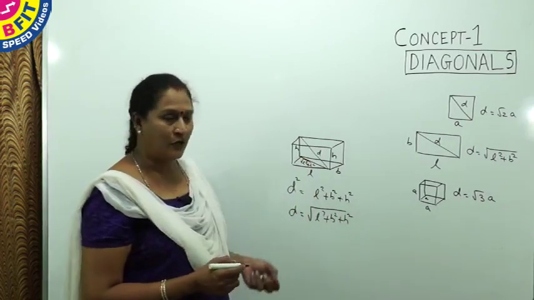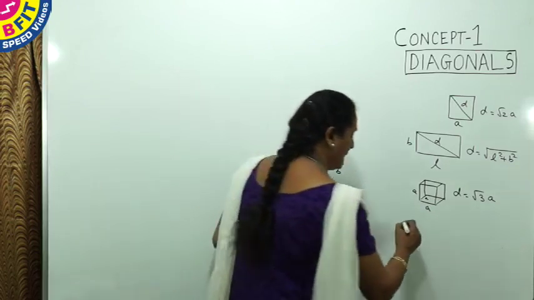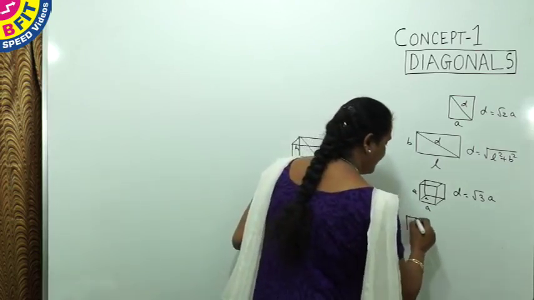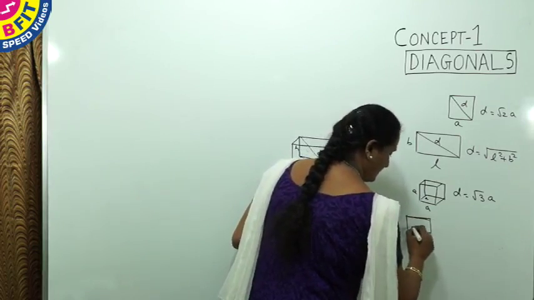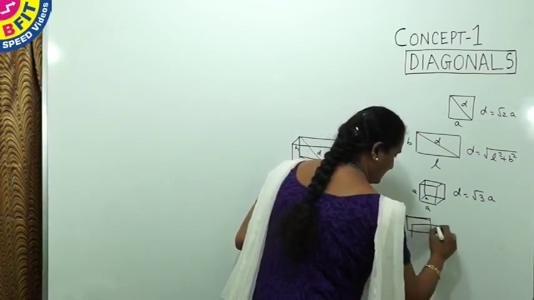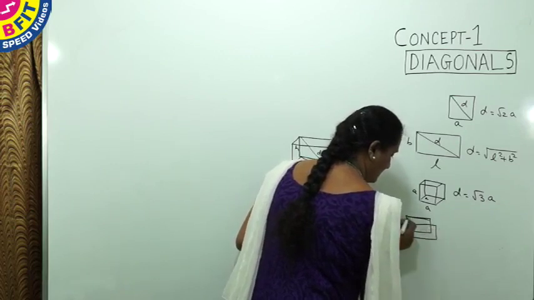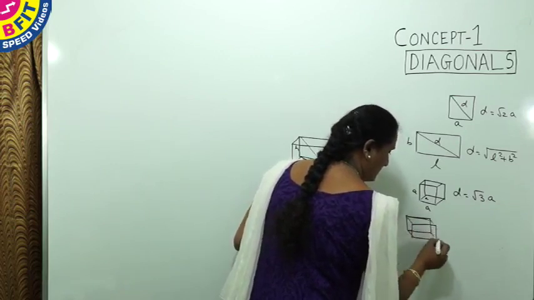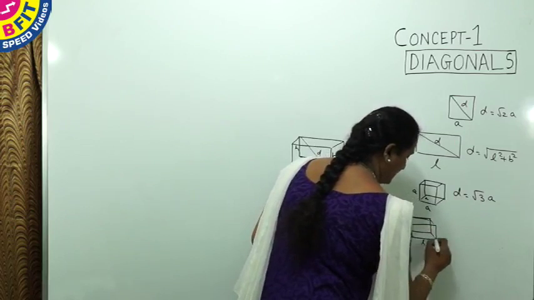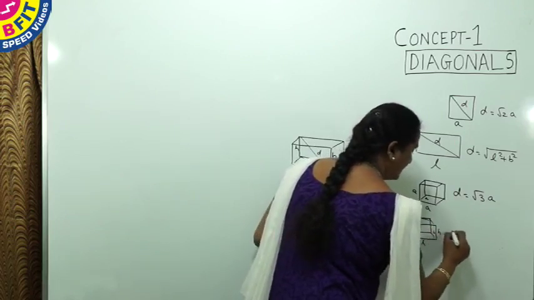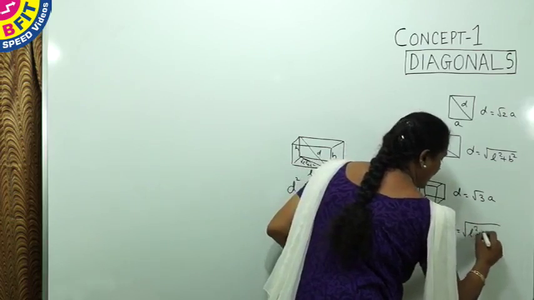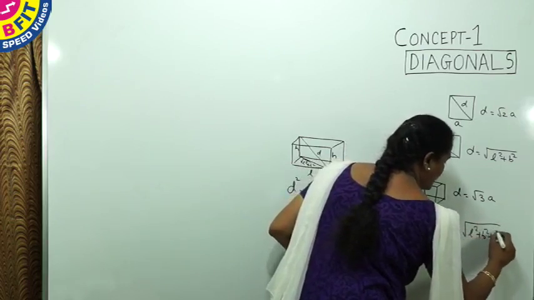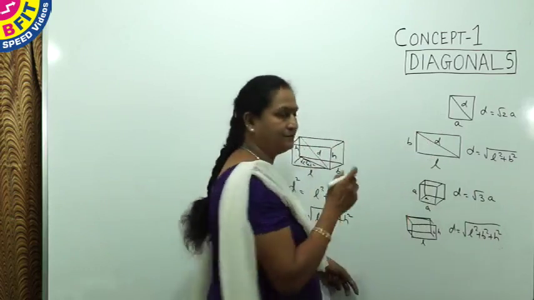For a cuboid, the diagonal is calculated using length, breadth and height. So diagonal is root of l square plus b square plus h square units.